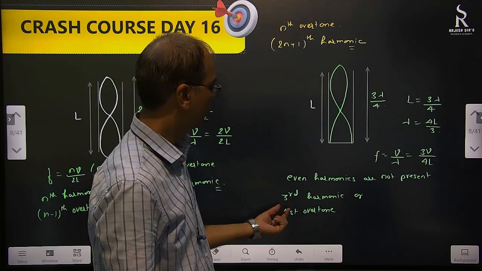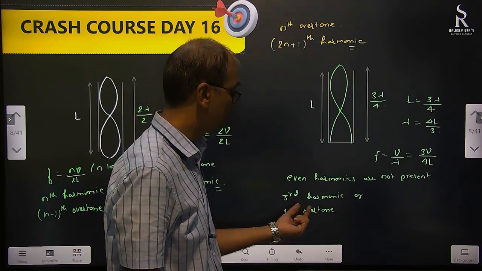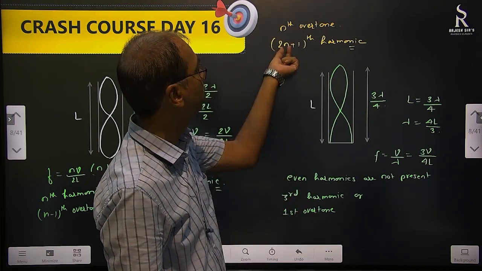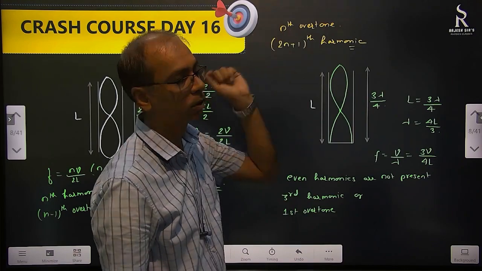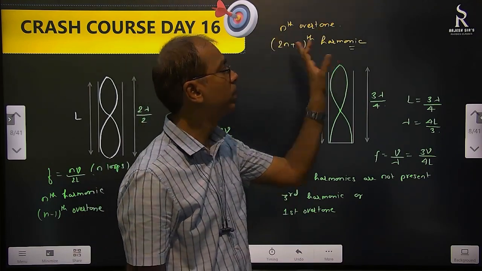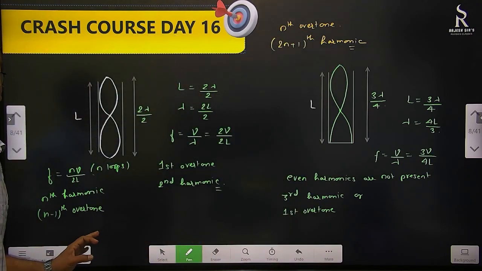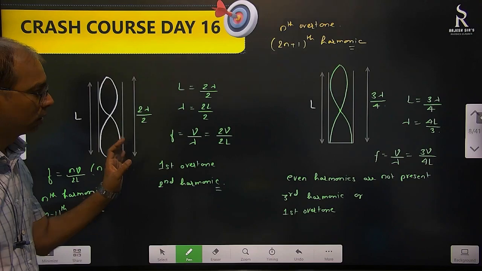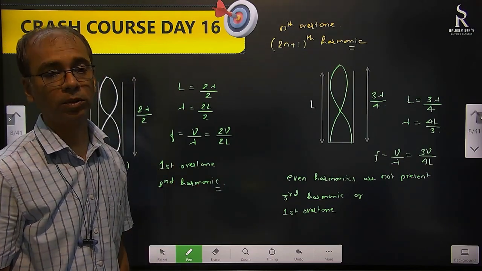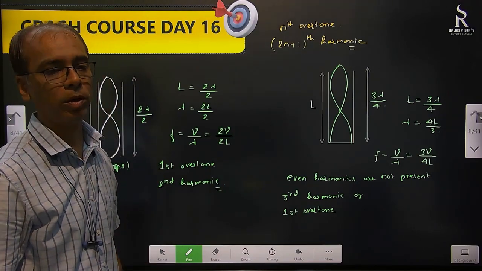Same way second overtone means fifth harmonic. So second overtone n equal to 2, you keep here 2 into 2 plus 1, see fifth harmonic. So nth overtone means 2n plus 1th harmonic, and here nth harmonic means n minus 1th overtone. Remember that in both closed organ pipe and open organ pipe, this is the difference. There are many questions you will find on closed and open organ pipe.